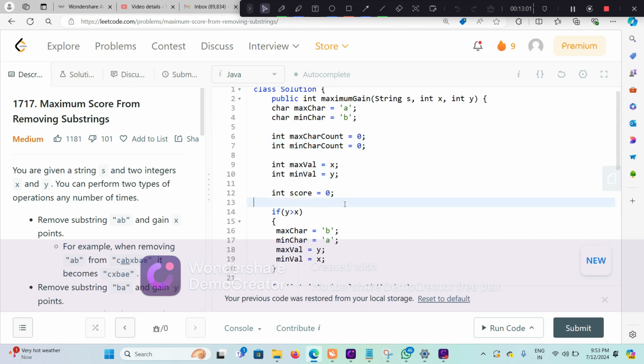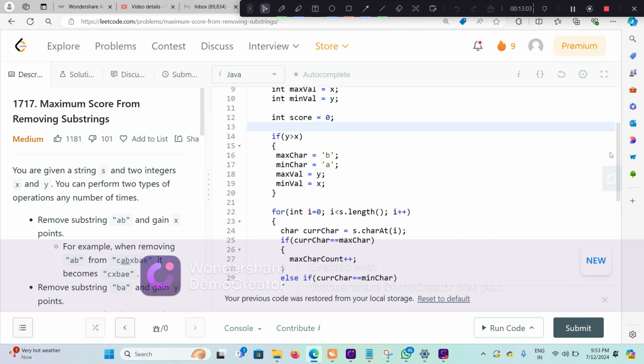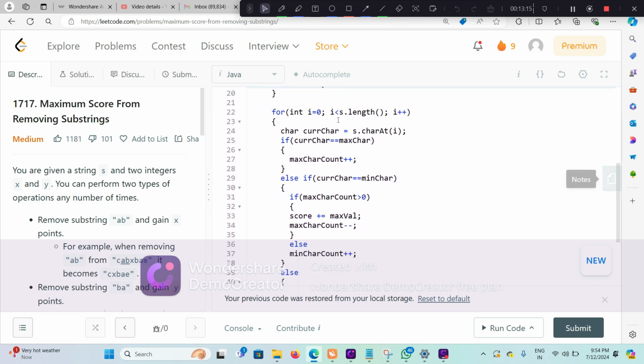and Y. So what I'm doing is, I'm checking if Y is greater than X, then in that case I would update max char equal to B, min char equal to A, or like that, right? So min val, max val, this is very self-explanatory. And then I'm traversing through my string here, and I'm checking every character. So whenever current char equals max char, that means we are just increasing the count of it.